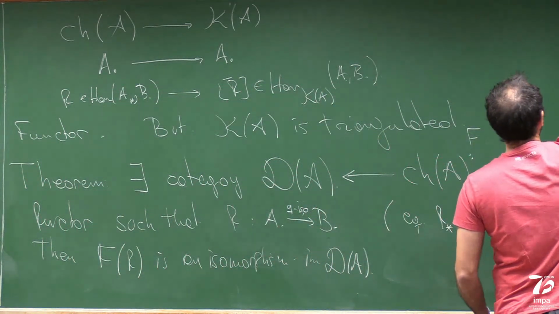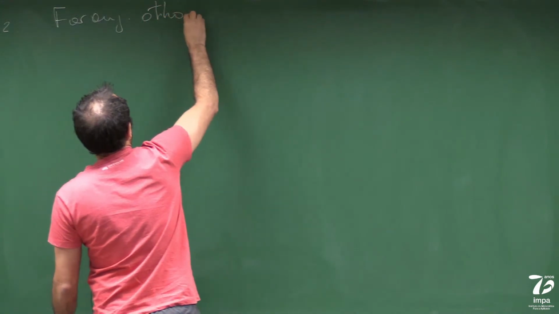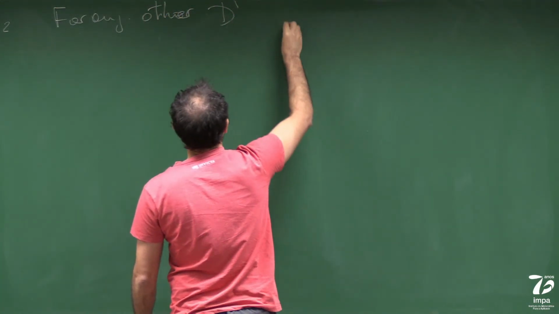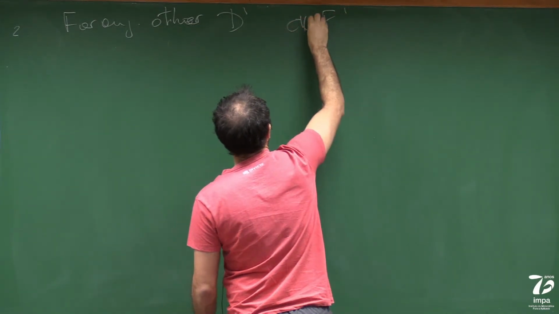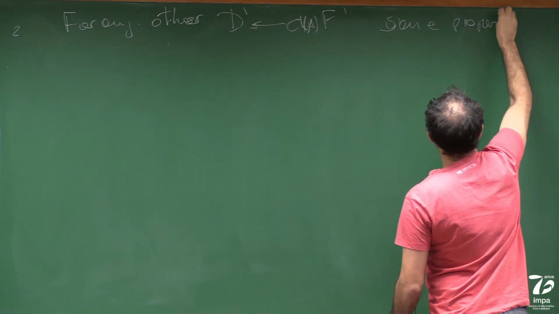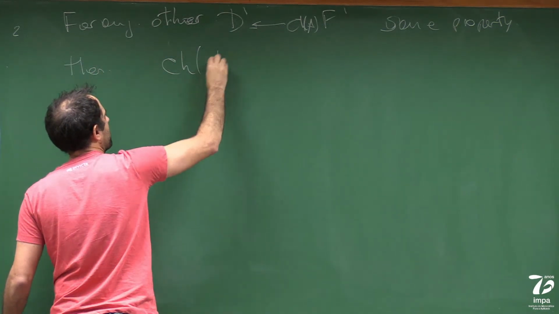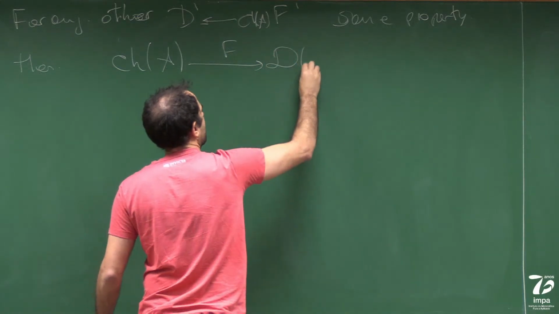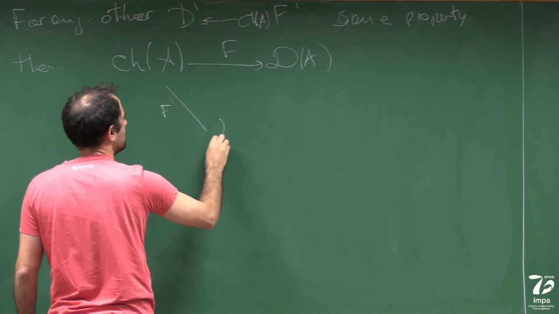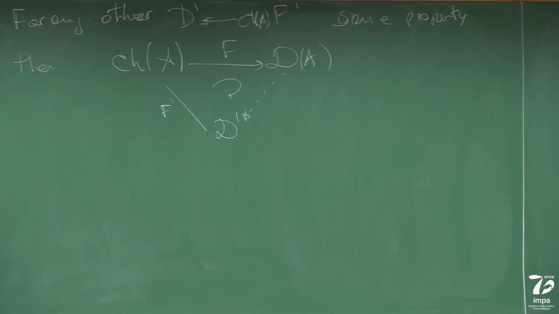But the second condition is more important: for any other category D prime, and a functor F prime from the cochain complexes of A to D prime with the same property, then it factors through D of A. Well, we have these cochain complexes of A, our functor F to D of A, and our functor F prime to this D prime, and then this functor exists, making this diagram commutative. So that makes this D of A non-trivial.